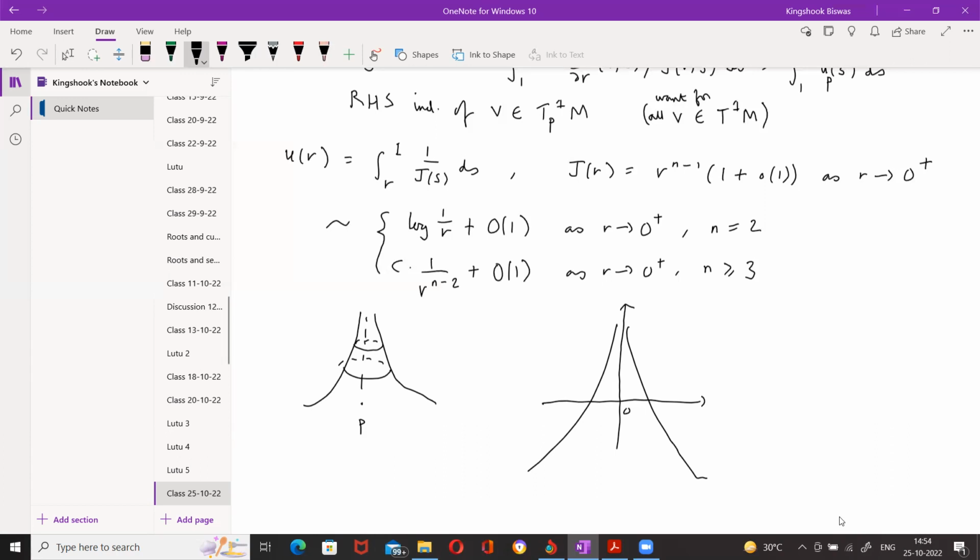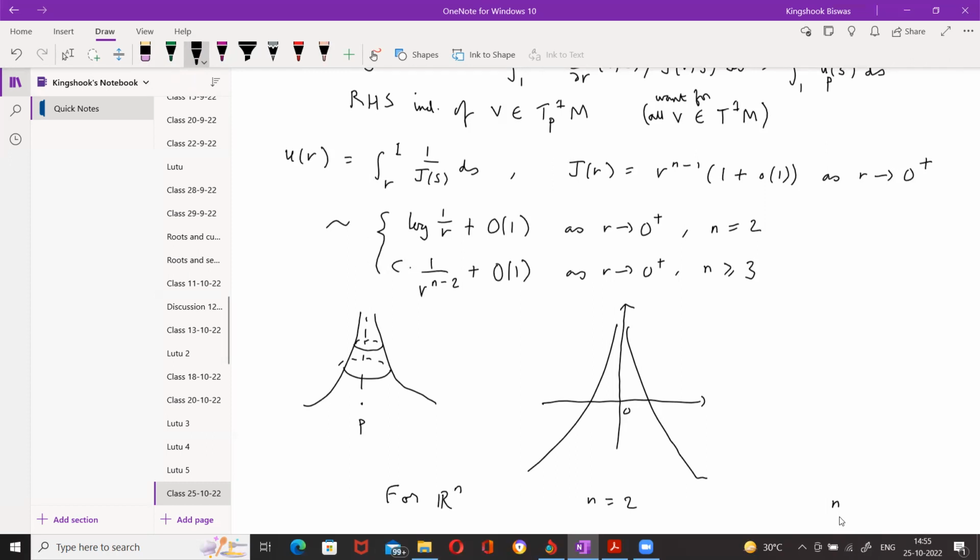So it tends to plus infinity near the origin, and to minus infinity near infinity. This is the n equal to 2 case. Sorry, this is in Euclidean space, so let me say it for Rn.